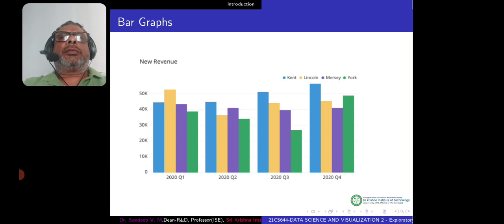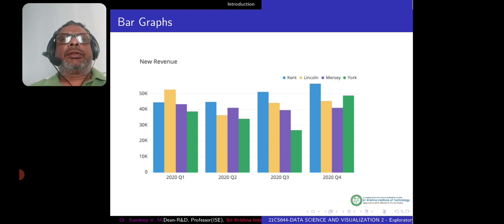Each column is represented by a different color: blue, orange, violet, and green, and they are repeated. So that means they are showing the data for the first quarter as one part, the second quarter as another part, the third quarter as another part, the fourth quarter as another part, and so on.